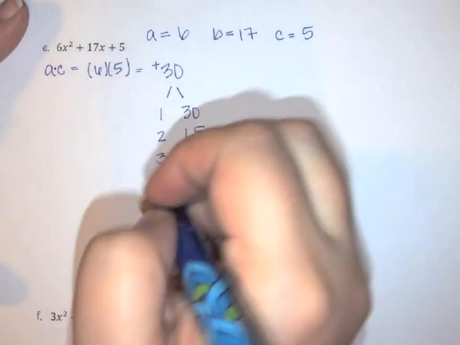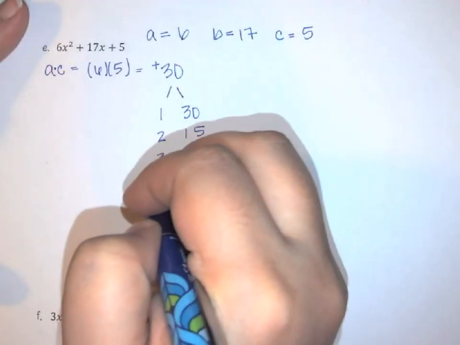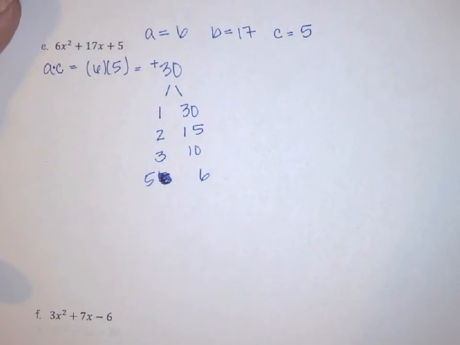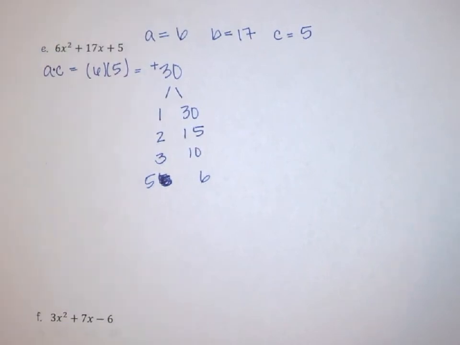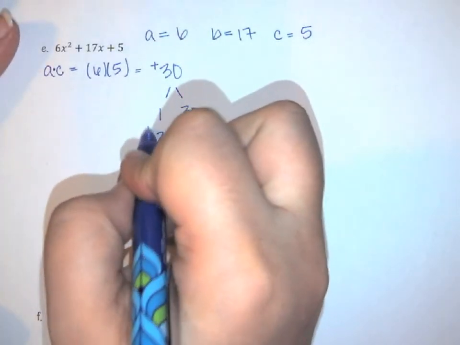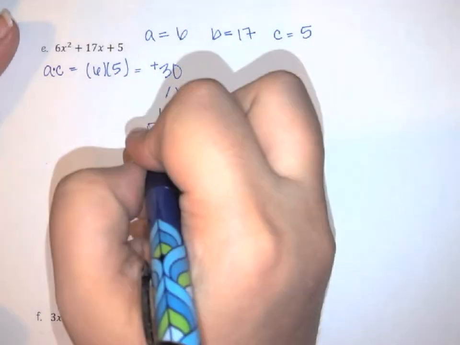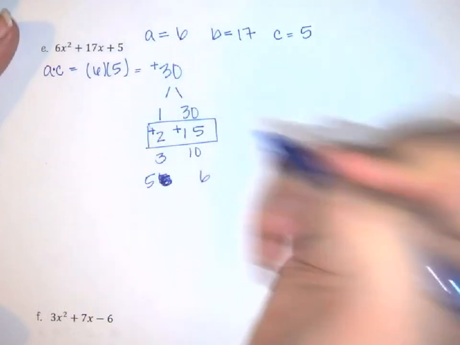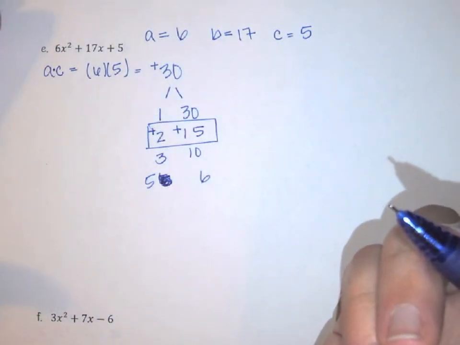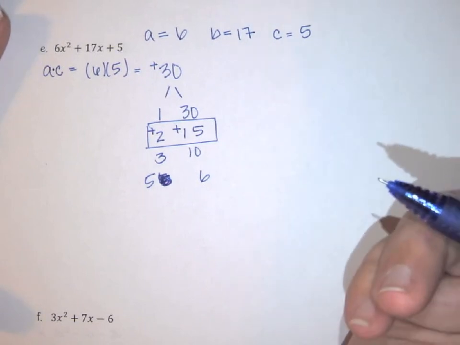Okay. I need two factors that when added together give me 17. The only combination that does that is 2 and 15, and these both have to be positive. 2 plus 15 gives you 17.